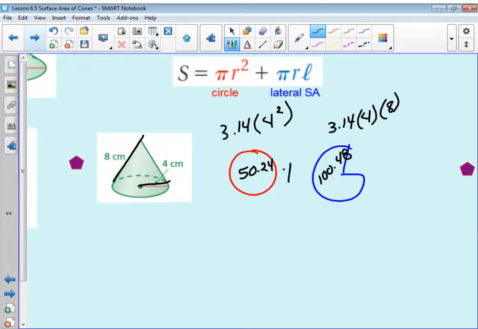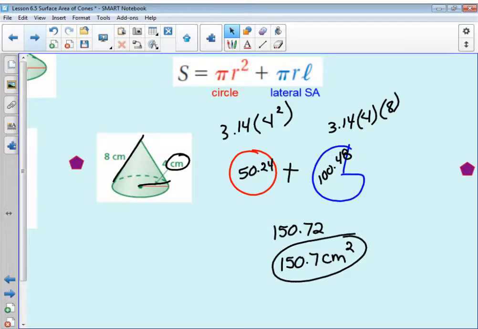Final step, add them together. And when I do that, I get 150.72. Okay, if they wanted me on this one to go to the nearest tenth, I would say 150.7. You just have to pay attention to your directions and what it asks for. The label is centimeters, and it's area, so it's squared.